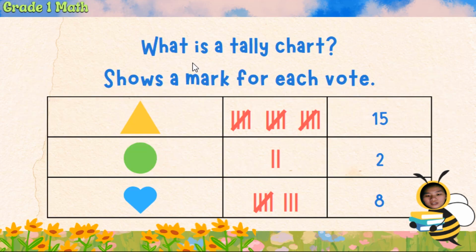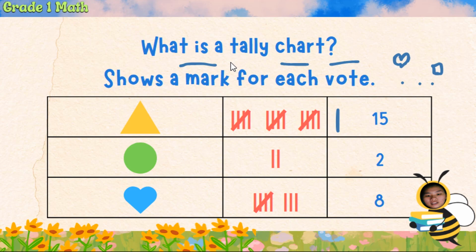First off, what is a tally chart? A tally chart will show a mark for each vote. Now, I've used the straight down mark, just a line, but it could be anything. It could be, let's say, a heart. It could be some dots, it could be some squares, okay?